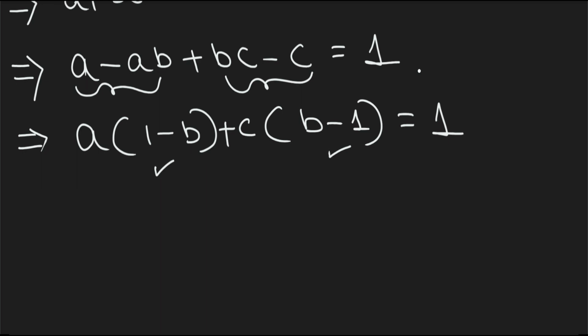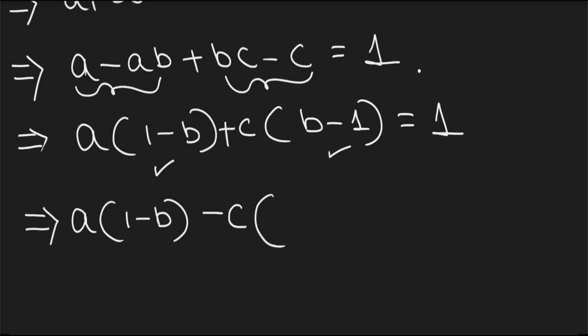Let us take minus 1 common from this expression, then we can write this as A multiplied with 1 minus B and, taking minus 1 common, we can write it as minus C, and this expression will become 1 minus B is equal to 1.